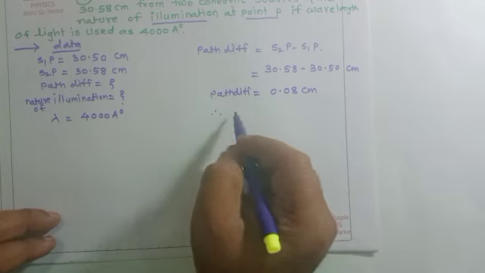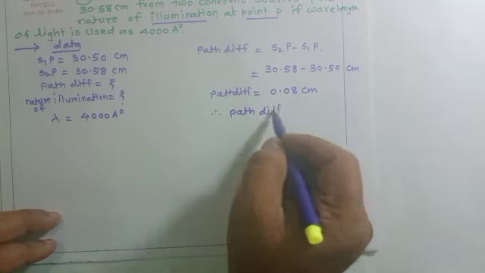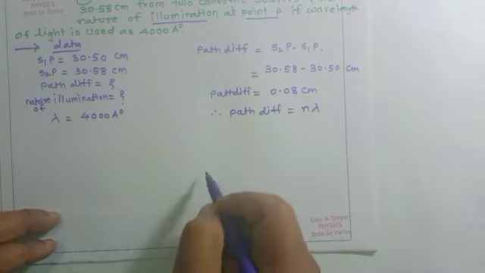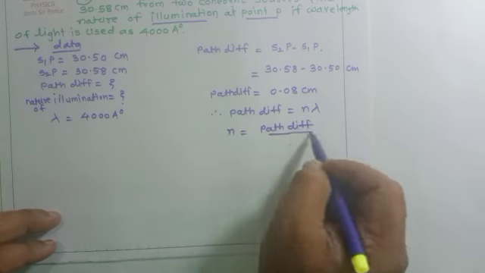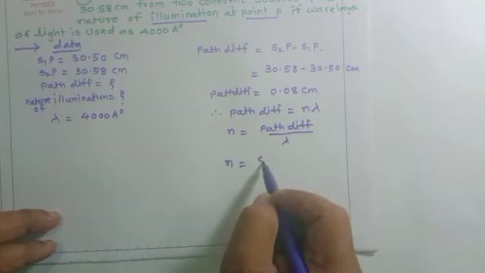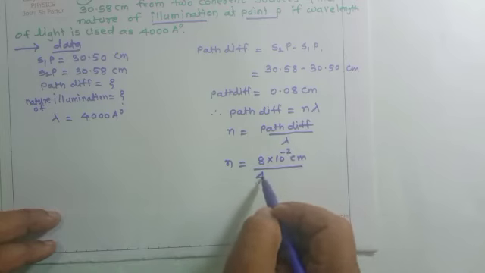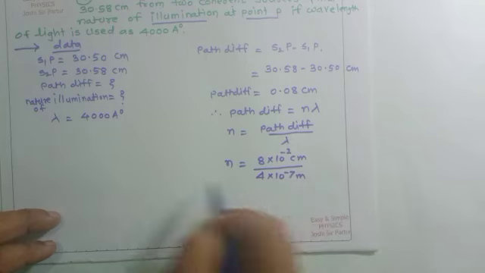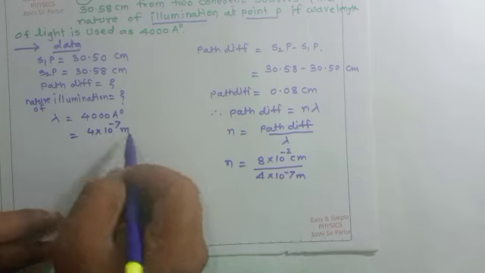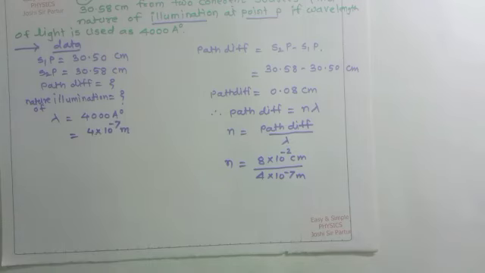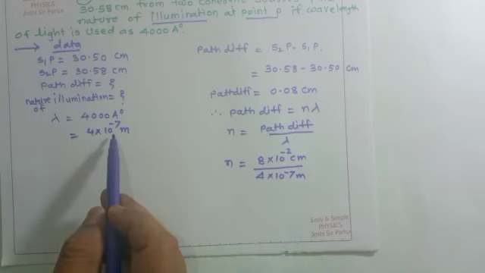Again, the condition will be path difference is equal to n lambda, so n is equal to path difference divided by lambda. So n is equal to 8 into 10 raised to minus 2 centimeter divided by 4 into 10 raised to minus 7 meter, because 1 angstrom unit is 10 raised to minus 10 meter, so 4000 angstrom is 4 into 10 raised to minus 7.